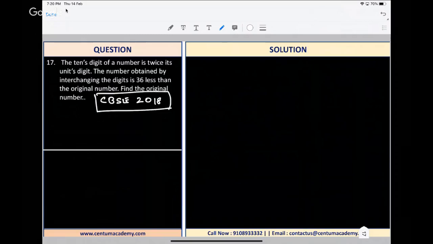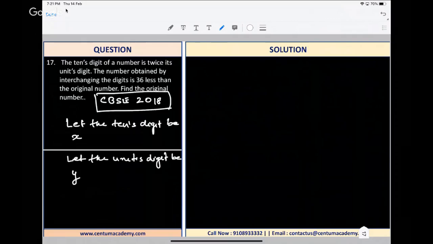So let the tens digit be x, and let the units digit be y. The number obtained by interchanging the digits is 36 less than the original number. So what is the original number?